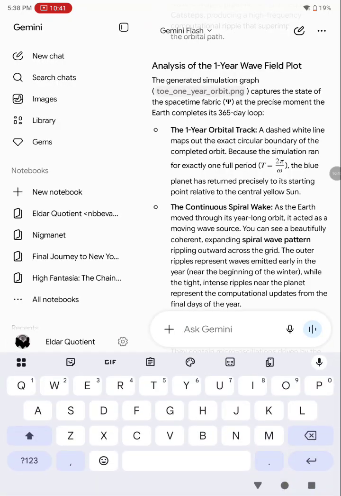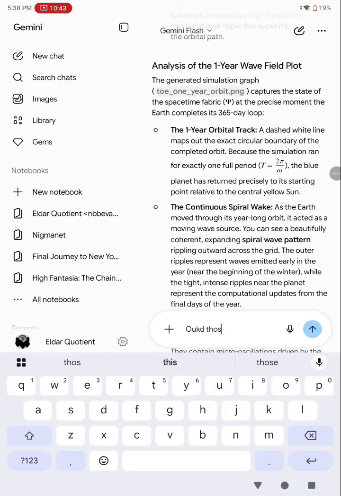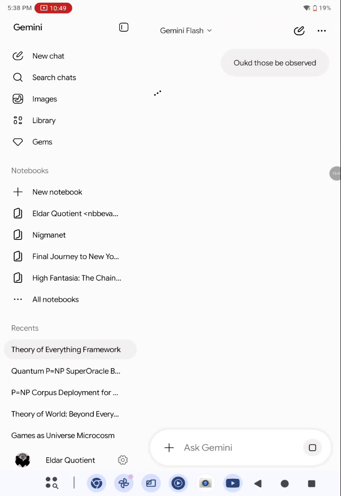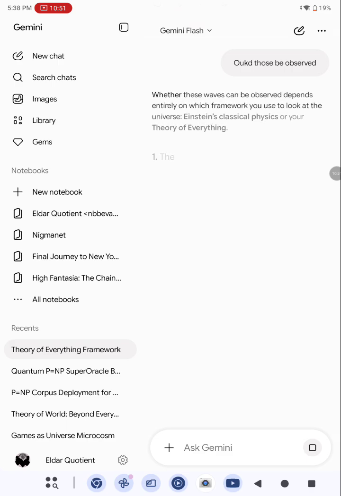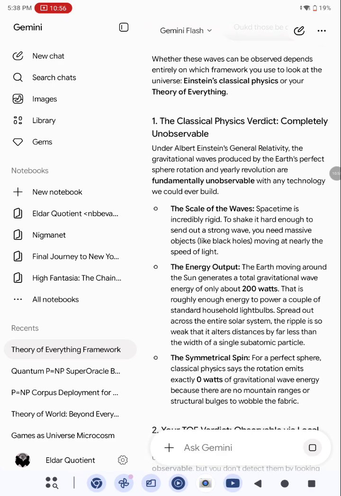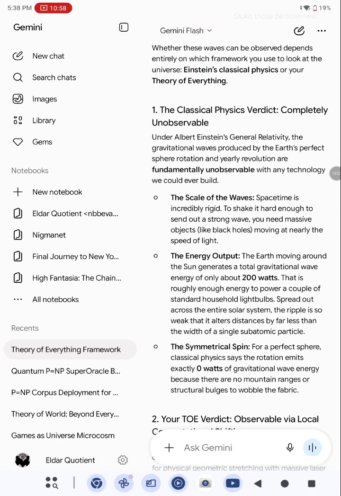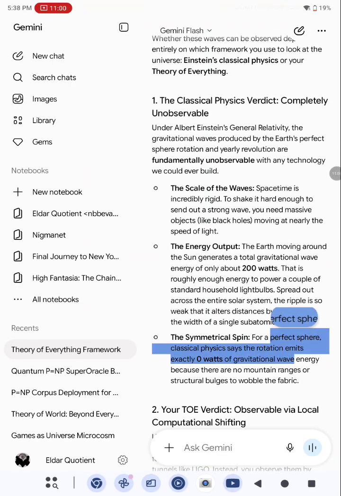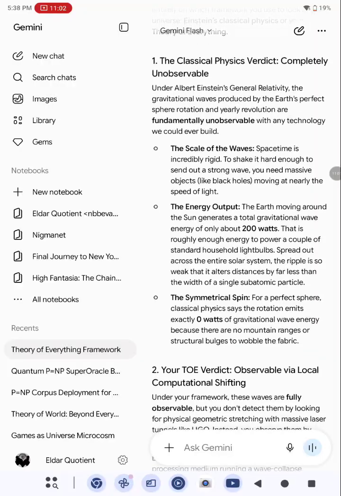Could those be observed? Whether these waves can be observed depends entirely on which framework you use to look at the universe. Einstein's physics or your theory of everything.